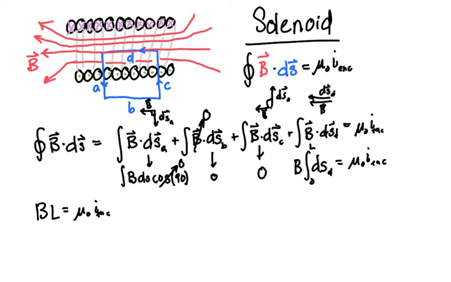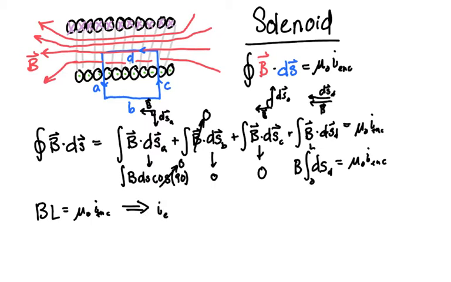And we're almost done. The question is, what is the enclosed current? It's not just the current in the wire, because look how much current I have enclosed by my loop. In this case, I have 1, 2, 3, 4, 5, 6 turns, each of them carrying the same current.